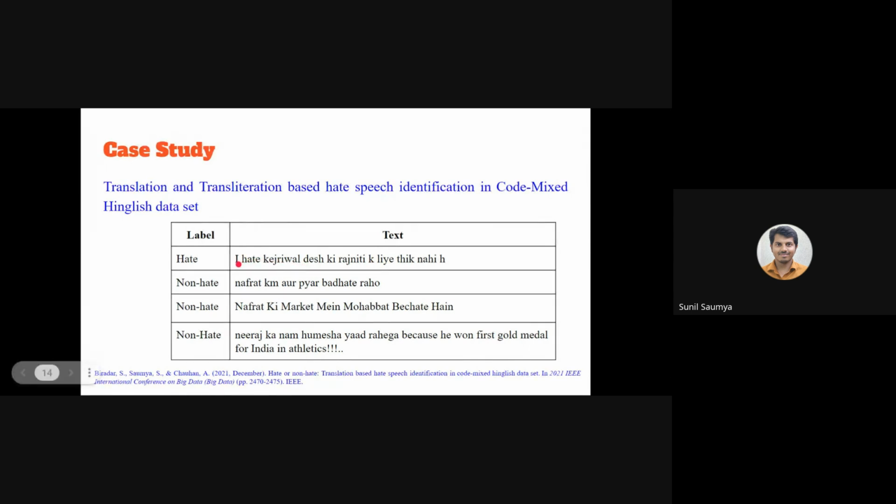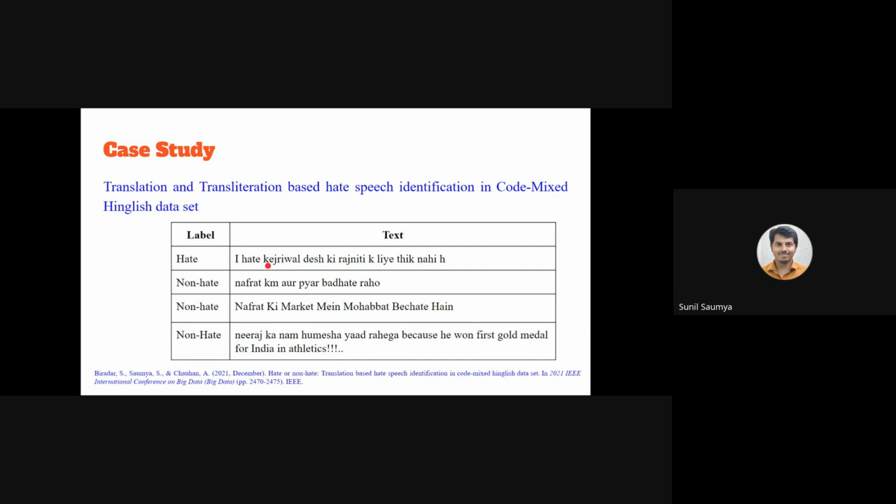It is a code mix sentence also, because it is completely written in the Romanized script, but there are some Hindi words in between. "I hate" is English, Kejriwal is a name, and then "ki, Rajniti ke liye theek nahi hai" are all Hindi words. So you can see that there is a switching of the scripts.